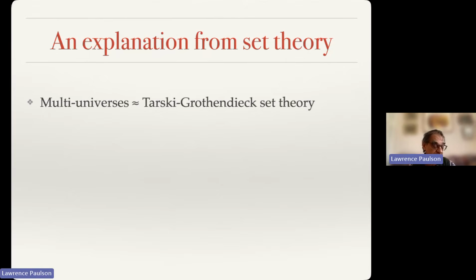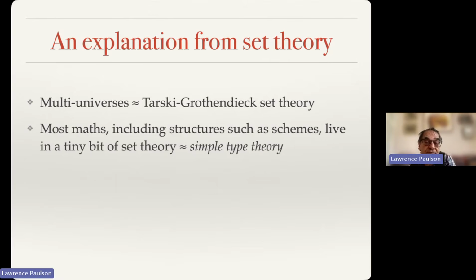But let me just say, I think it is well known, in fact, that when you have universe polymorphism, basically you're working in a thing called Tarski-Grothendieck set theory. I won't say much in detail about this, but let's just say that if you are doing mathematics, almost any mathematics apart from literally doing set theory itself, you are normally living in the tiniest little corner of set theory. In fact, a corner which is equivalent to simple type theory, which is a type theory normally supported by Isabelle.